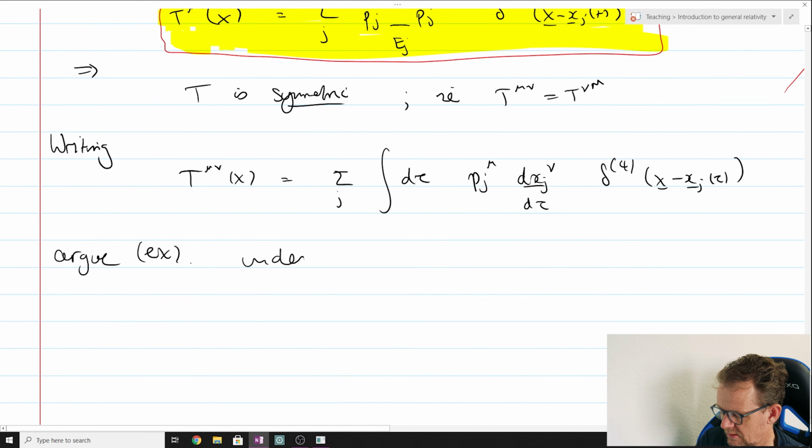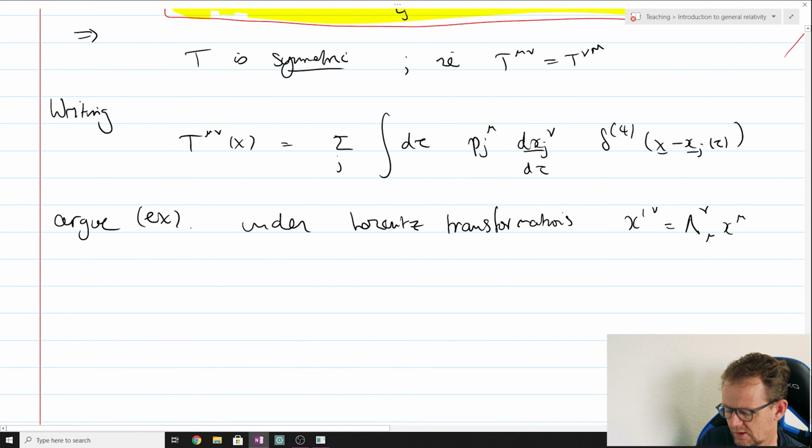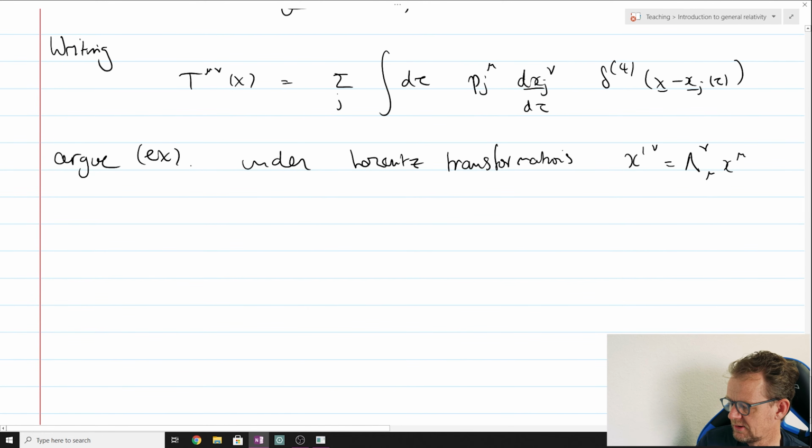that under diffeomorphisms, and the diffeomorphisms that we care about in special relativity are Lorentz transformations, x prime nu equals lambda nu mu x mu. Those are the coordinate transformations that matter in special relativity. The components of this tensor, and it is a tensor, right? I wouldn't have started this whole discussion if it wasn't a tensor.